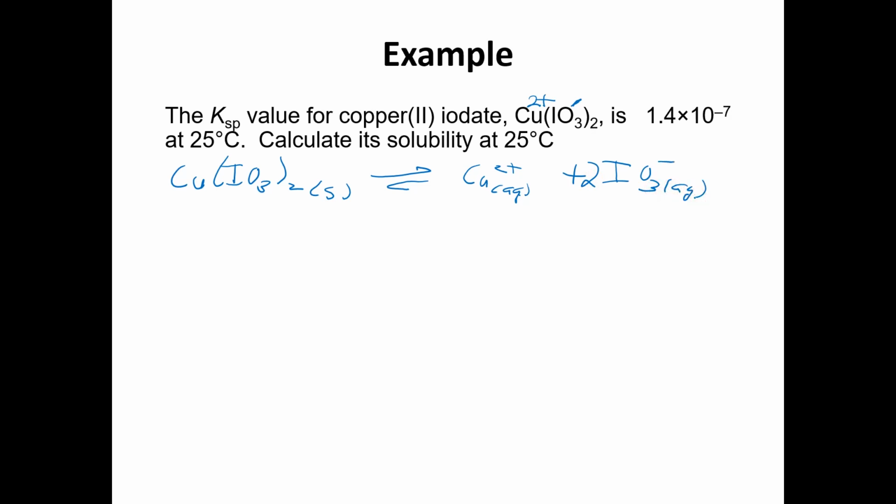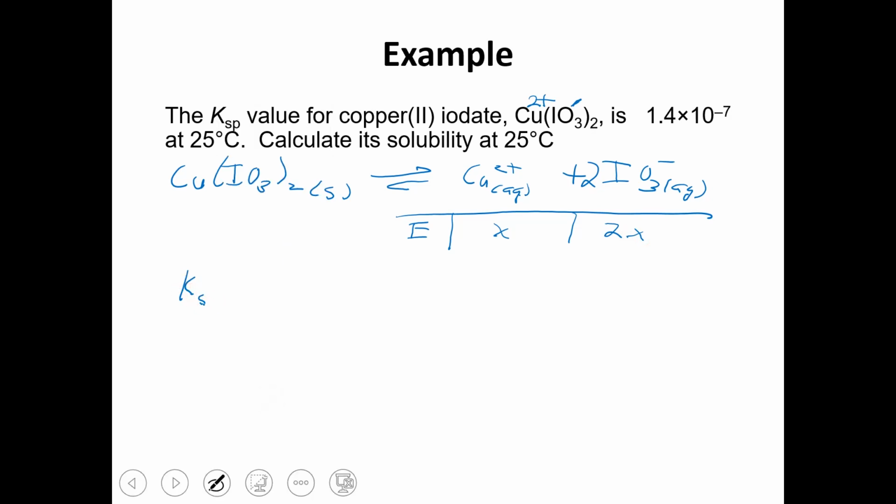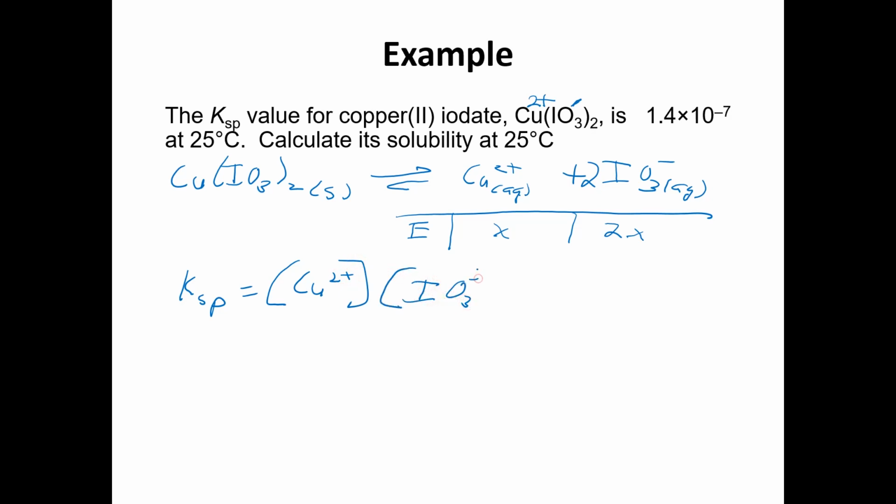So at equilibrium, we would represent copper as X, and we would represent the iodate ion as 2X. So we can write KSP is equal to the concentration of the copper ion times the concentration of the iodate ion squared.